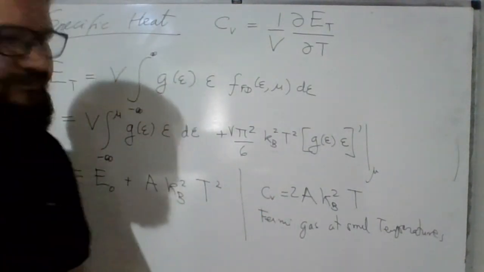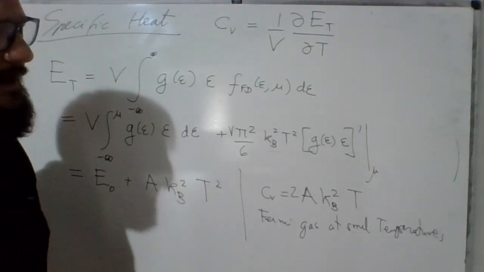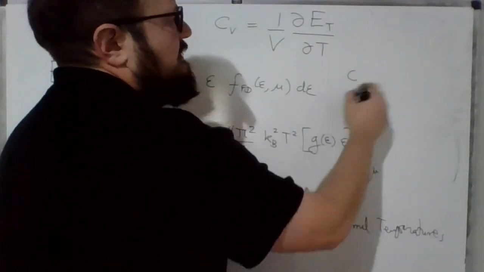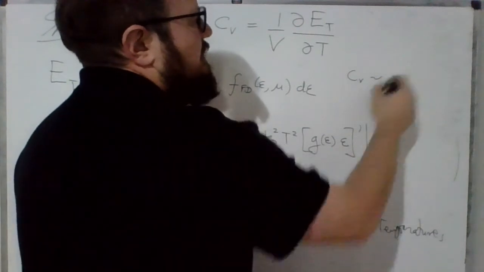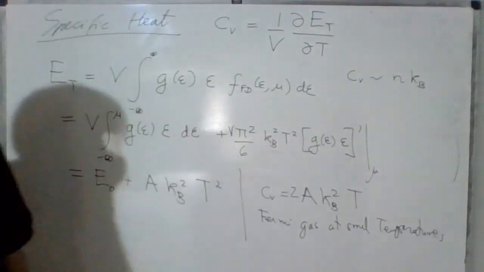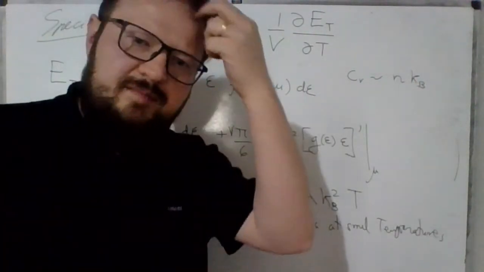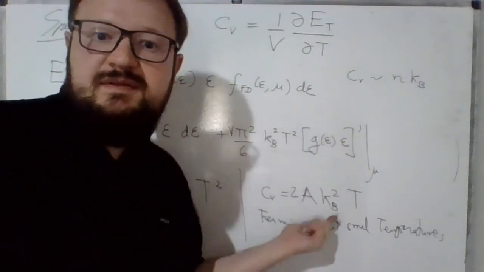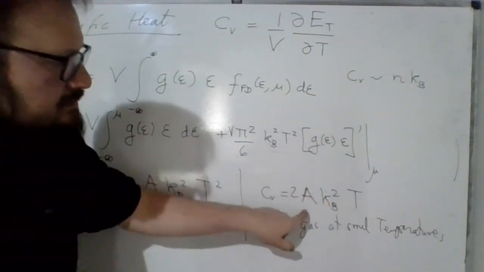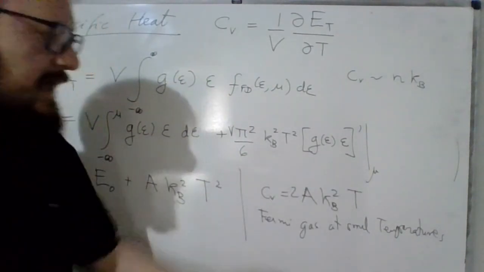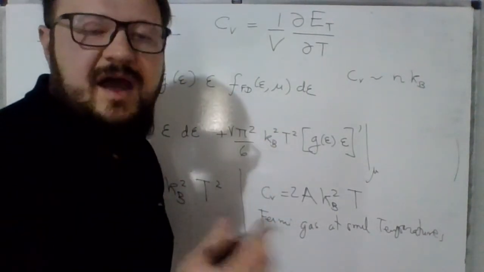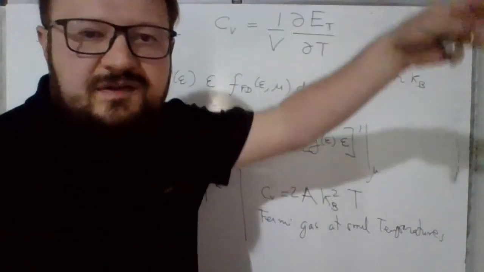Remember, the specific heat for an ideal gas goes like the density of particles times kB, and is nearly independent of temperature. But here you find it is linearly dependent on temperature, and this constant depends on the Fermi temperature, which is thousands of Kelvin.